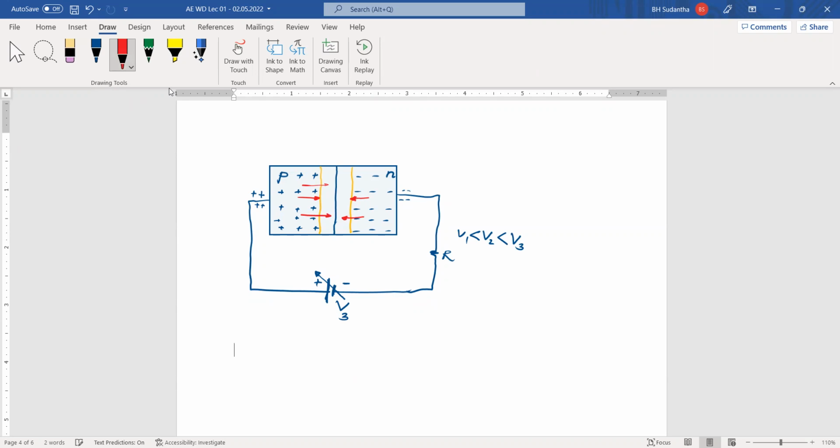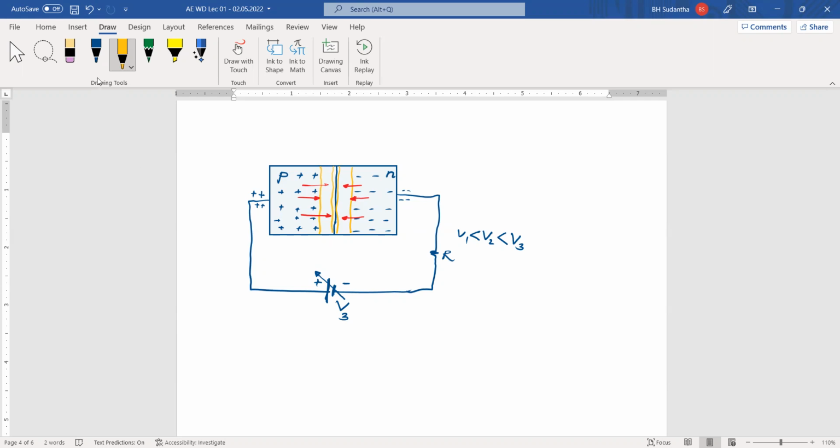More pressure here. And because of that, the width of this depletion layer is going to be 0. Then if it is 0, what can we observe here? Now here these are positive charges, these are negative charges. Then they can go across the border.